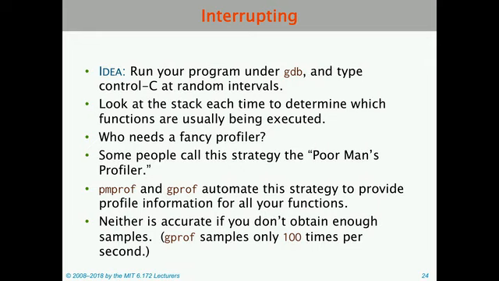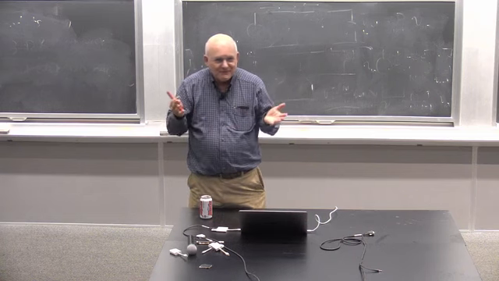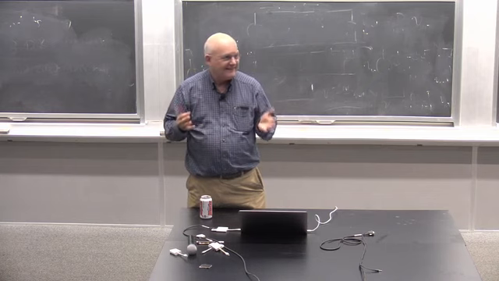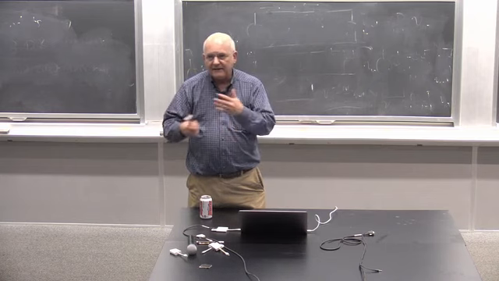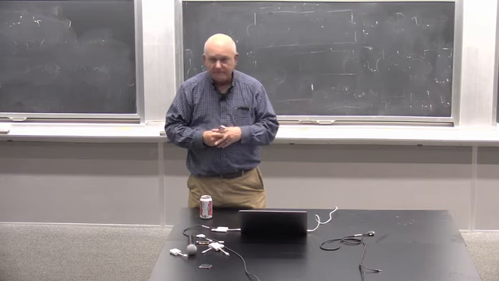Just to give you an example, gprof samples only 100 times per second. So if you're using gprof for timing something that's only a second long, you only got 100 samples. That's not actually a real lot, and you can get wildly inaccurate numbers from interrupting.